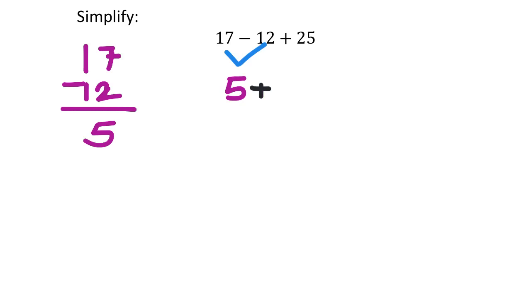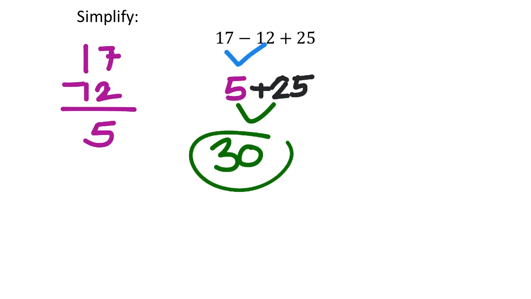Now writing the rest of the expression, plus the 25. And when we combine these two together, we get 30. There it is. So again, the order of operations forced us to do the subtraction first and then the addition. If you did the addition first, you could have made a big error in finding your answer.